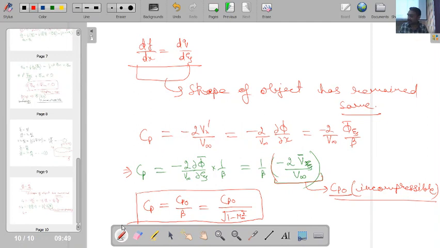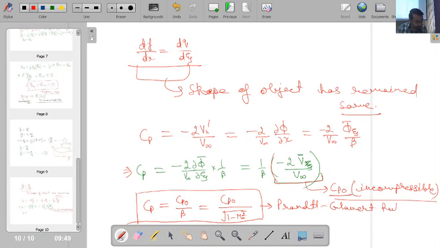This is an important relation. So if you calculate your pressure coefficient for incompressible flow situation, that can be related to pressure coefficient for a compressible flow. You have to just multiply with 1 divided by square root of 1 minus M infinity square. This is a very famous rule, and it is called as Prandtl Glauert rule.